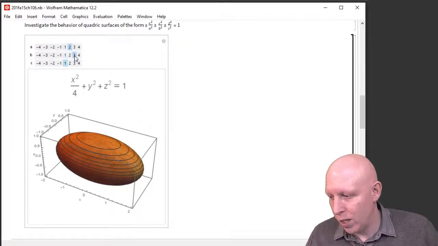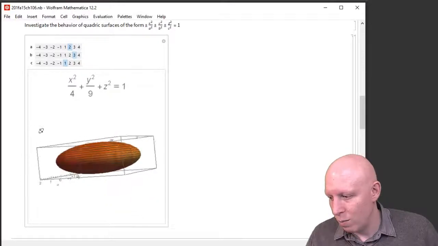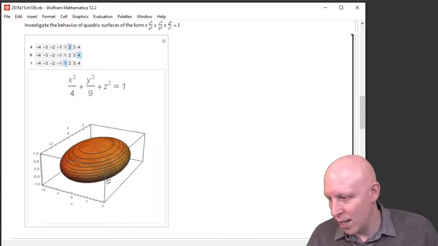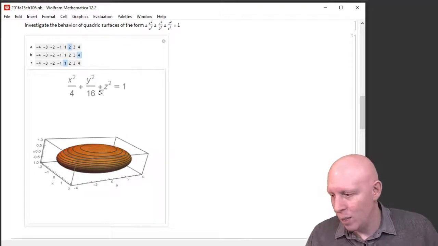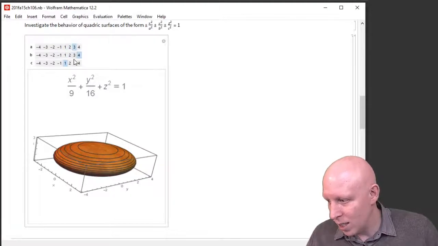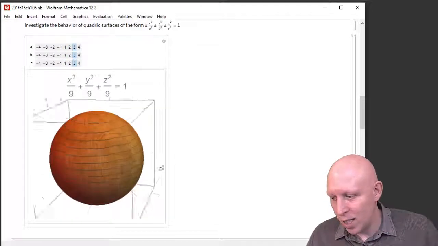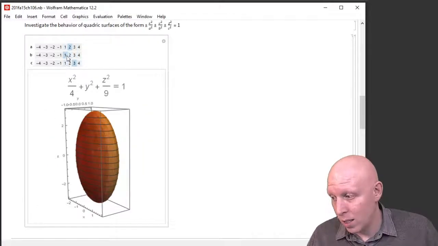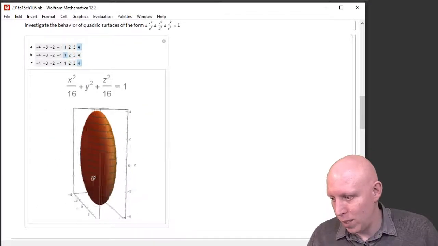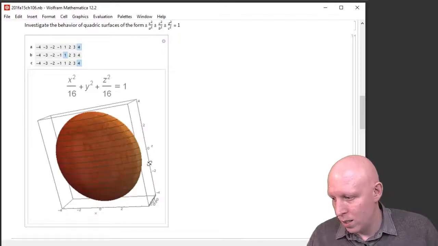So for example, here we can change these axes, and if you have something a squared plus b squared plus c squared is equal to 1, then you get this shape that's either a sphere or some ellipsoid. Ooh, look, a skinny ellipsoid. Donut.